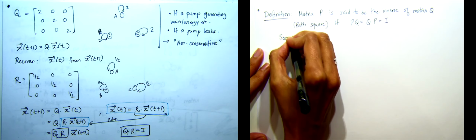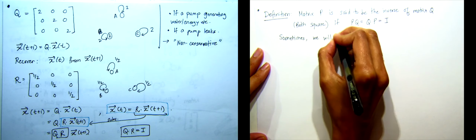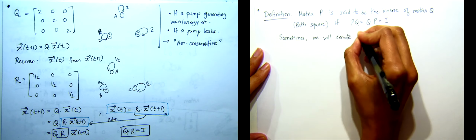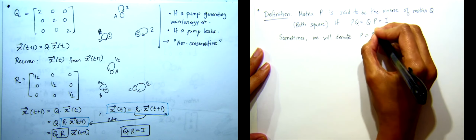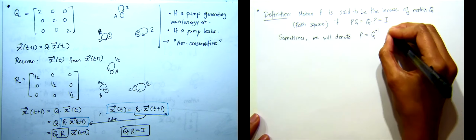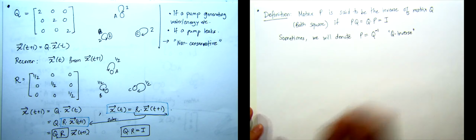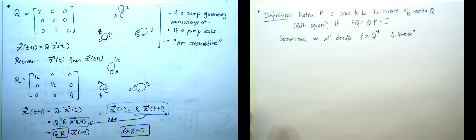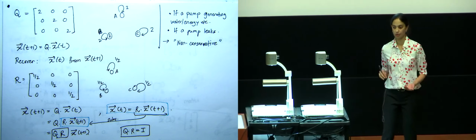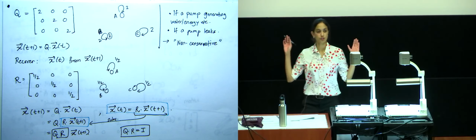Sometimes we will denote P as Q to the power minus 1. And this is read as Q inverse. And this is just borrowing from notation that you've seen already in algebra, right? Any questions so far?